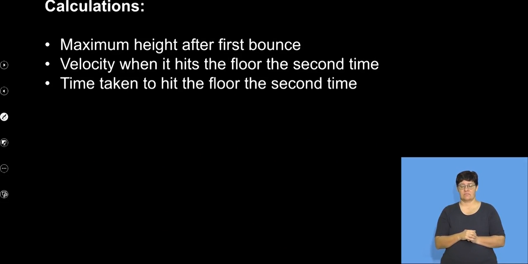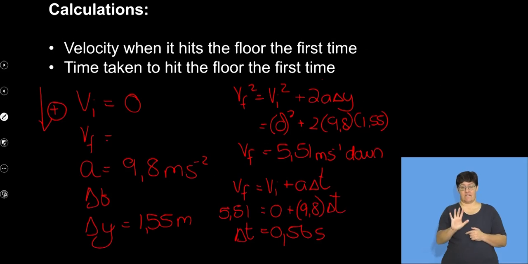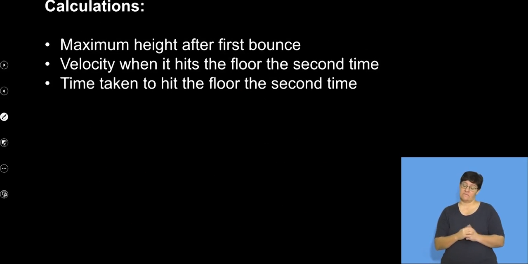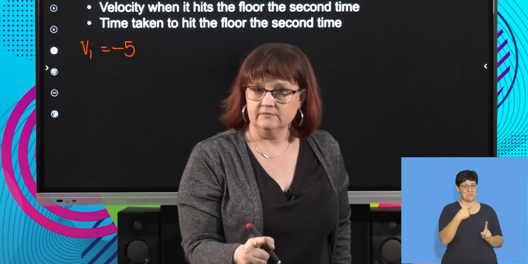Now, I want the maximum height after the first bounce. They told you, if we go right back to the original one, it rebounds at 5. So the initial velocity now is minus 5. Why am I saying minus? Because I took down as positive, okay?